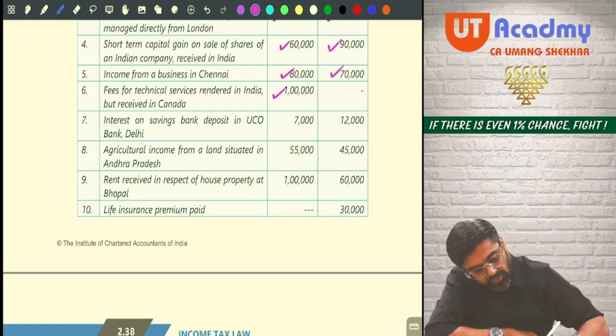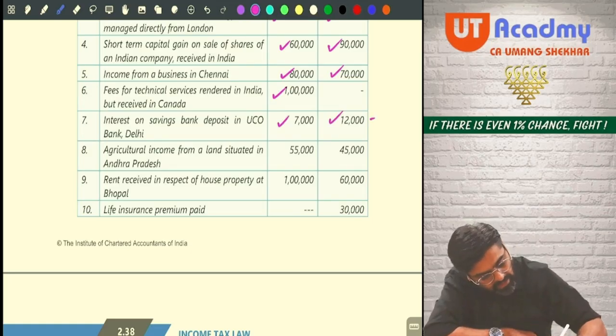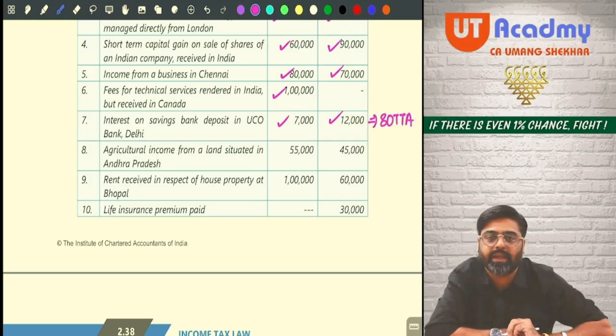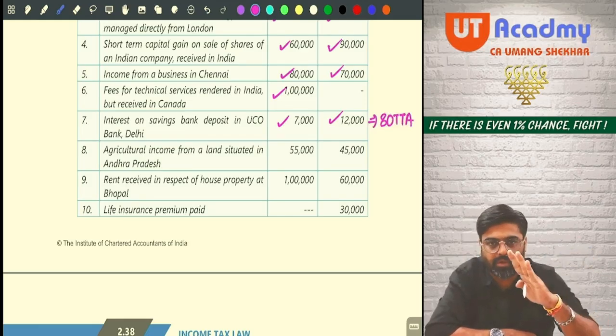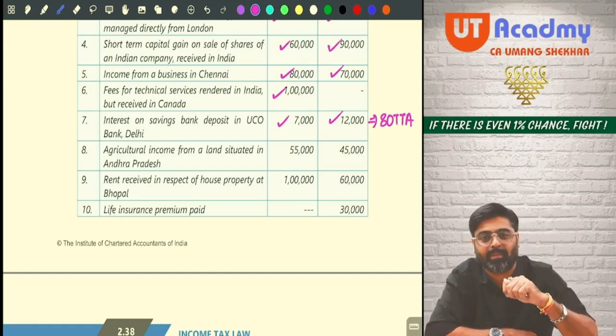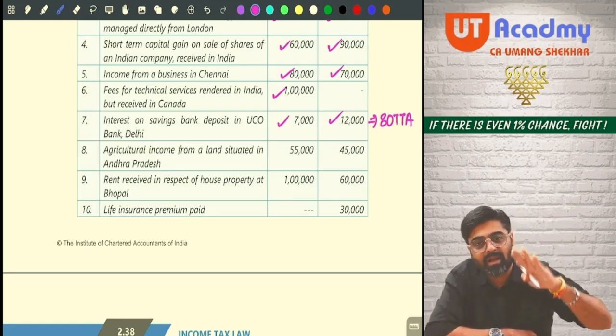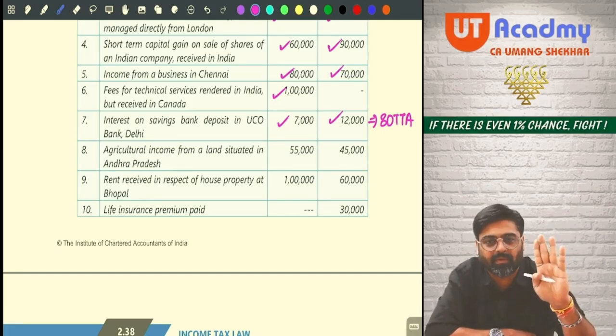So first we will charge it as taxable. Then we will claim the 80TTA deduction from the GTI. That 80TTA deduction will be available for both. But for Ramesh, the entire 7,000 is allowed under 80TTA because that is within the limit of 10,000. But for Suresh, it will be allowed to the extent of 10,000 only. Getting my point? Everyone? Okay.